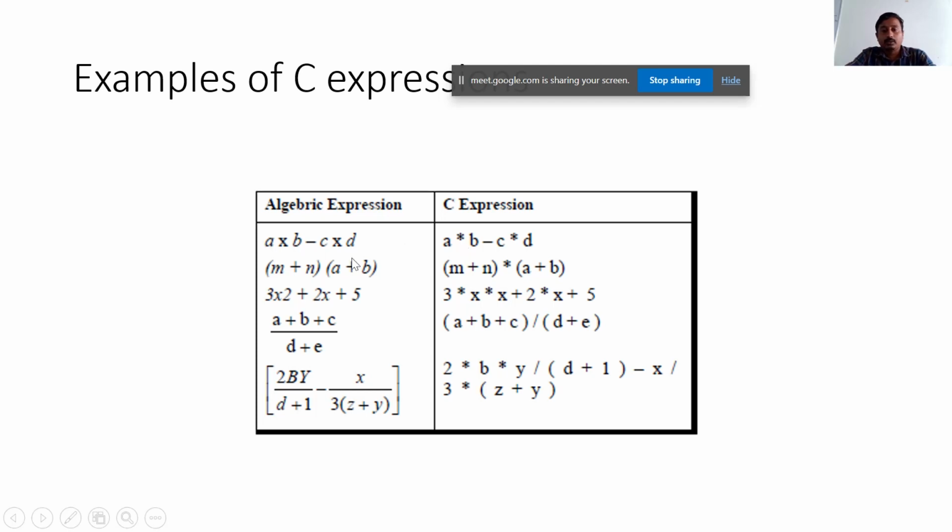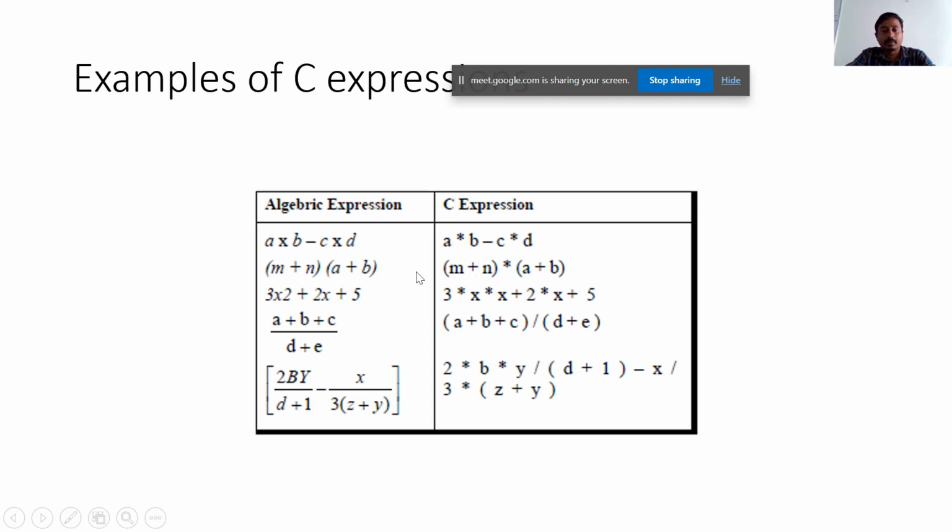As you can see here, there is no need to put brackets. a into b will be evaluated first, then c into d will be evaluated, and then subtraction will be performed, because multiplication has higher priority as compared to the minus symbol. Now here this multiplication is not present, so we have to put it when we write a C expression.